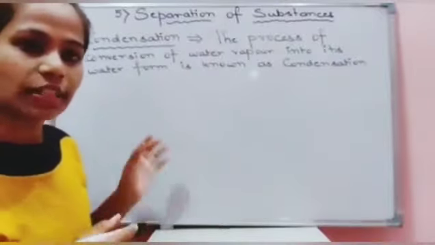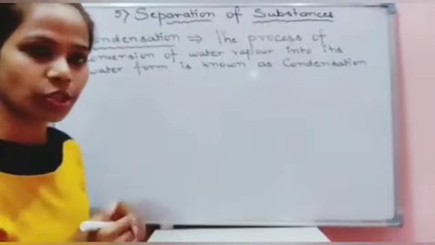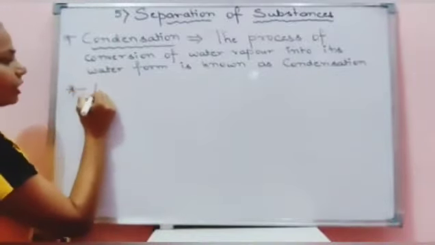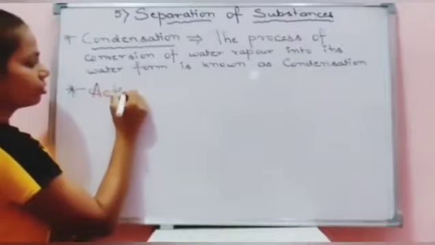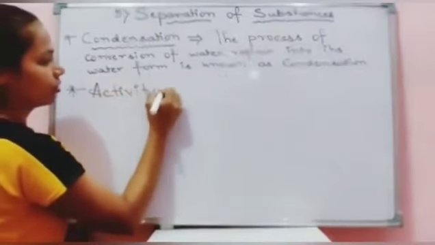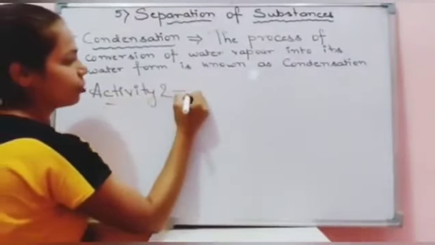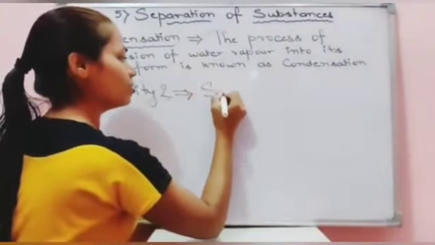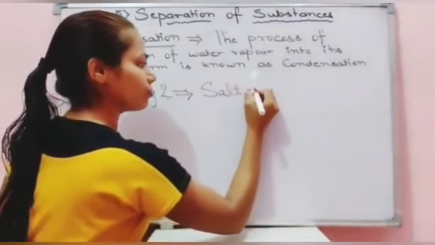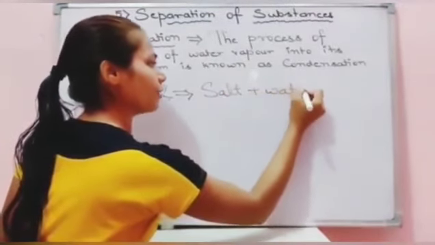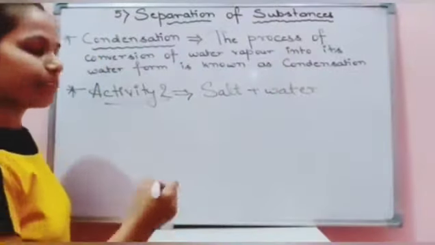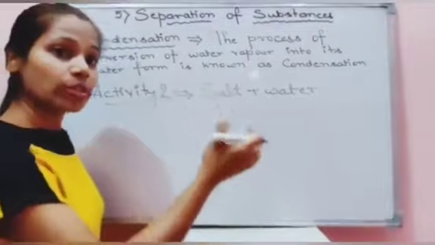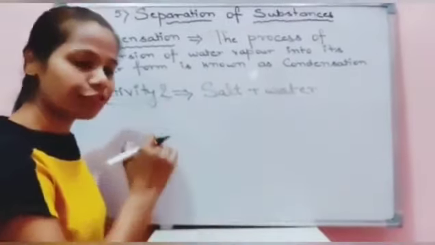How do we utilize this method for separating substances? Suppose let's have an activity to see the usage of this process. Suppose now we are having salt and water again. Now I need the salt as well as the water to be separated and collected differently.